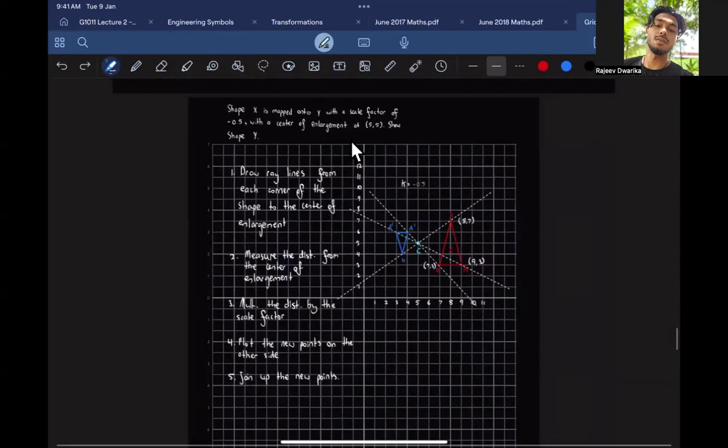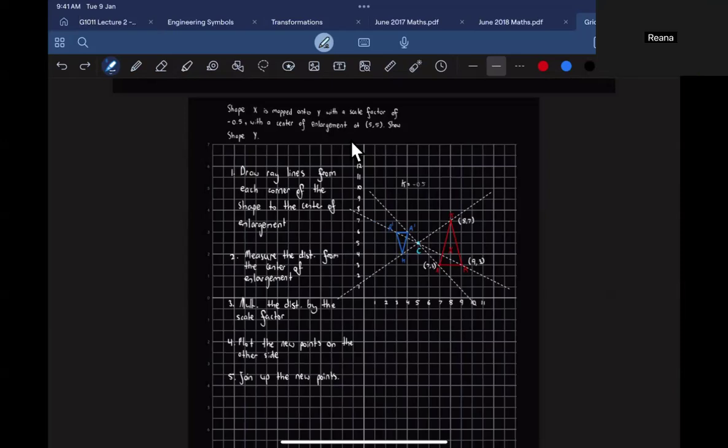But in the example I gave you guys, the distance is actually going to get bigger. Where's the scale factor in the question I gave you all? It's -3.